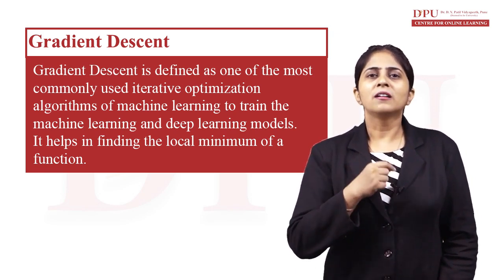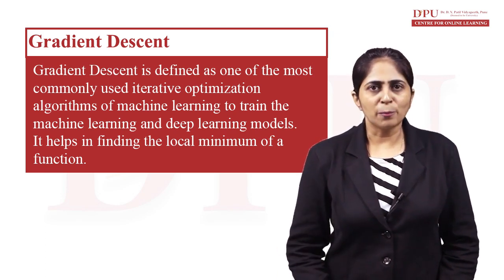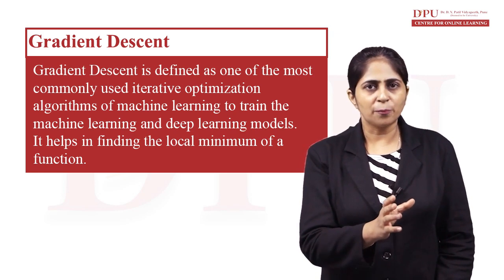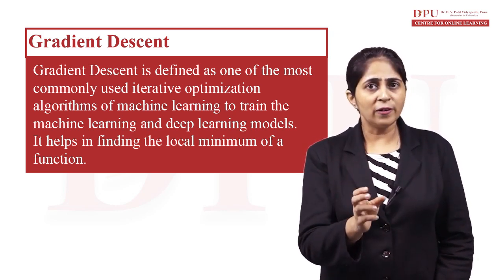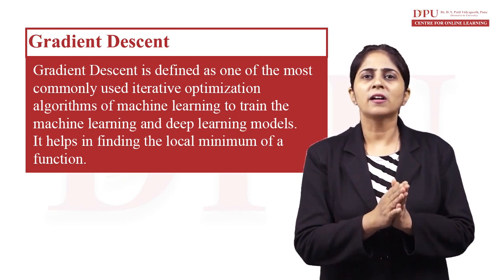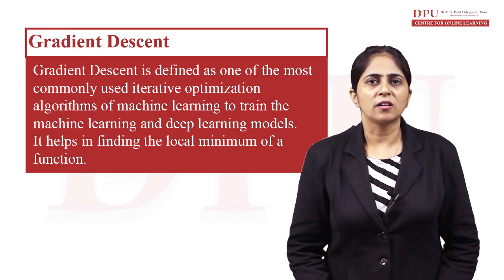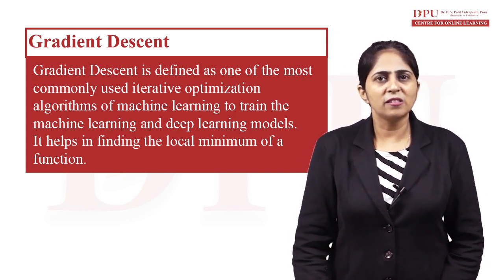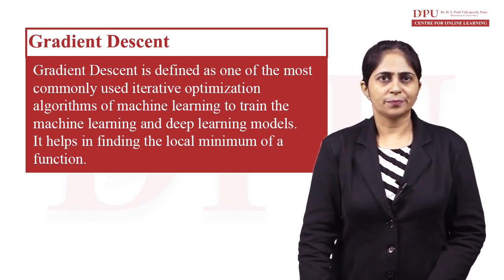We want the result we are expecting to be delivered from our machine, but there is some other actual result which is getting produced. So we have to minimize that difference so that the actual result and the expected result become similar to each other. To minimize this difference, we have the optimization algorithm called gradient descent.